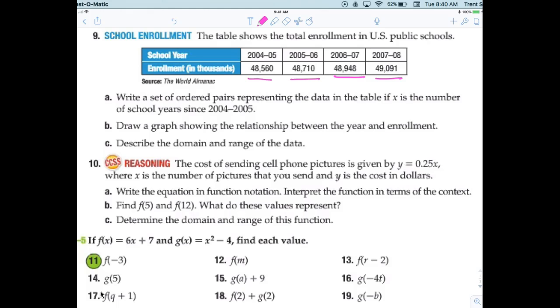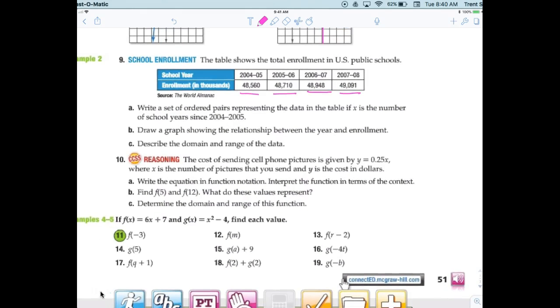All right, if x is the school years. So if I'm going to ask you to do that, we just write this down. We're going to write it as a table. And then this would be the year, right? And this would be the enrollment. Everybody with me on that?